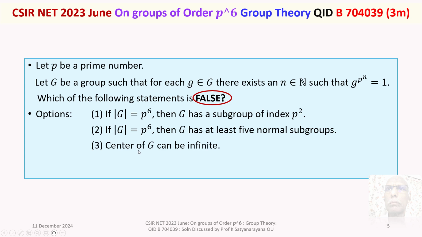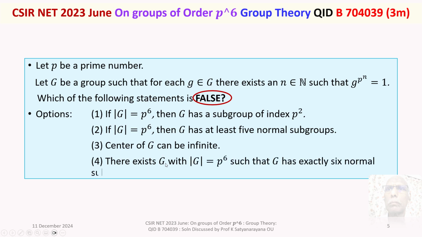Option 3: center of G can be infinite. Option 4: there exists a group G with order of G equal to p to the power of 6 such that G has exactly 6 normal subgroups.